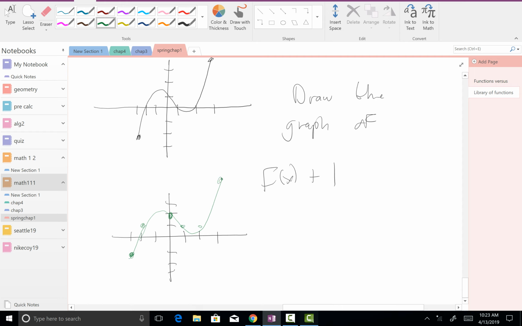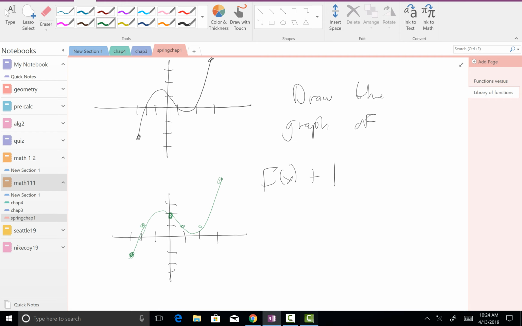So see, we shifted it up one. It's not a bad sketch, and that's what we're looking for. So we shifted it up one.